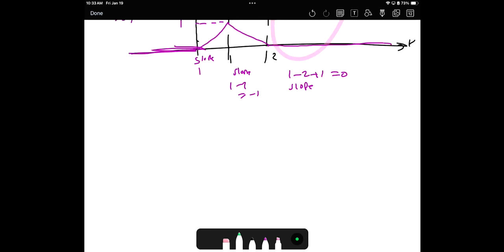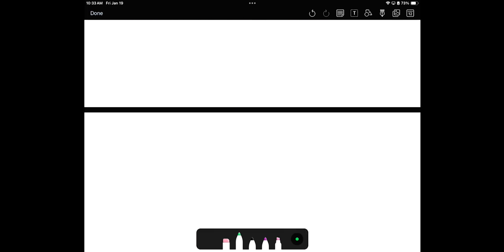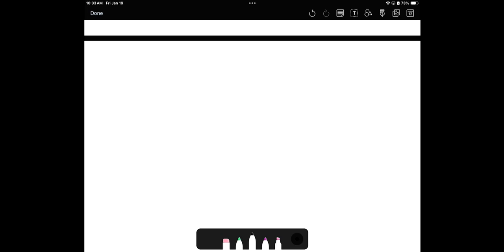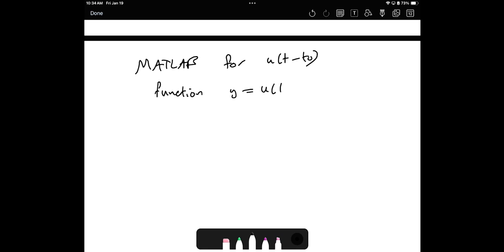Now, how can we manipulate this using MATLAB? Let's discuss a little bit about MATLAB. In MATLAB, if we need to plot u of t minus t0, there is no function called u of t in MATLAB. We need to define it. In order to define it, we will write function y equal u of t, t0.